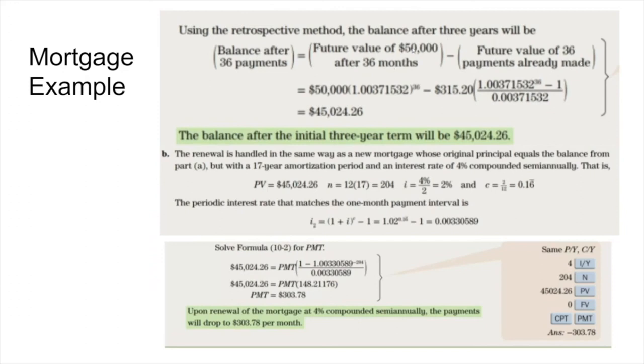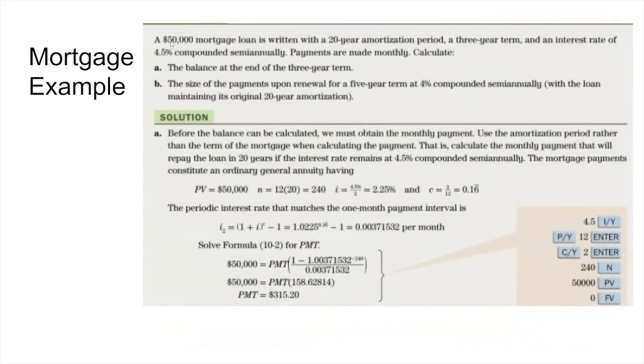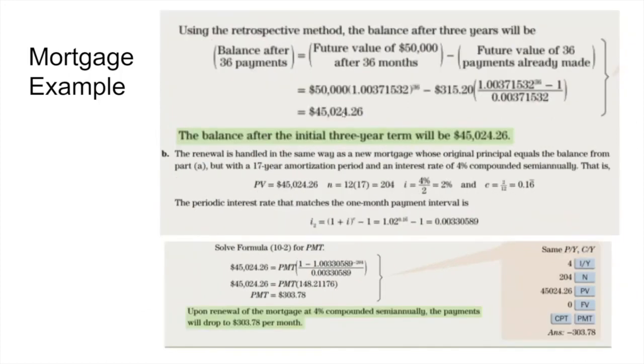So we're going to take the future value of 50, plug it into that formula, and that will give us that. The future value of the 36 payments, we're going to put that into that formula, and that's that. That minus that is $45,024. So effectively, after 3 years, this $50,000 mortgage, you will have paid down less than $5,000. You'll have a balance of $45,000 left at the end.